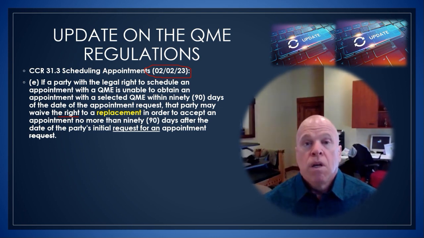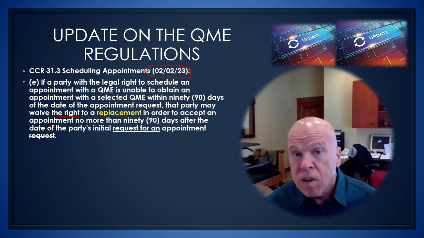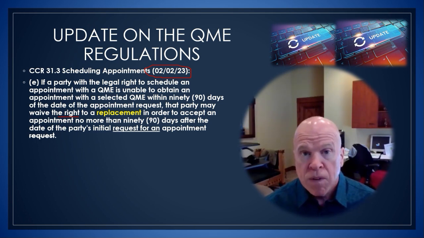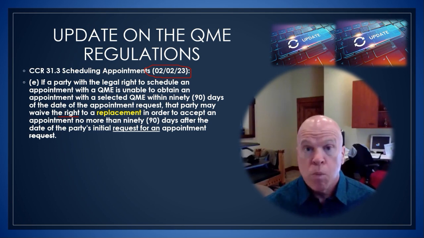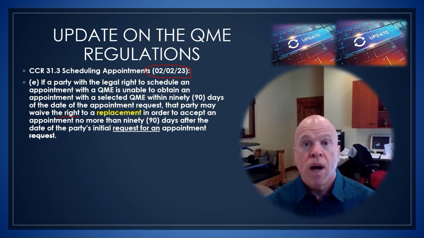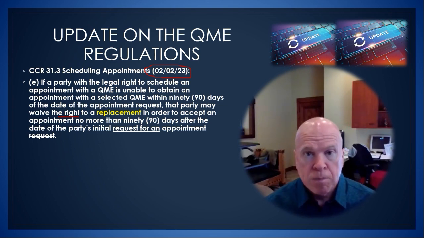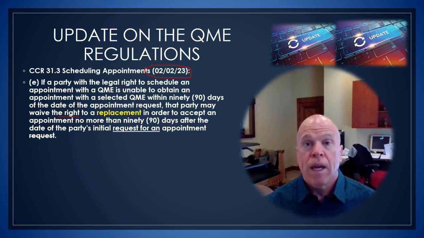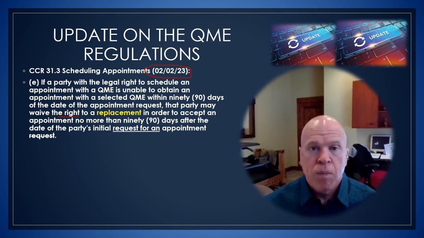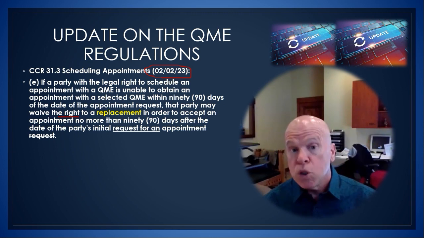So if any of the parties are equivocal on you to begin with, this is the perfect opportunity for the party to get a brand new panel of 3 qualified medical evaluators and start the whole process over again. So the party with the legal right to schedule the appointment has a decision to make. Their decisions are, number 1, should we request a replacement panel? Or, number 2, are we willing to wait for this qualified medical evaluator up to 120 days?